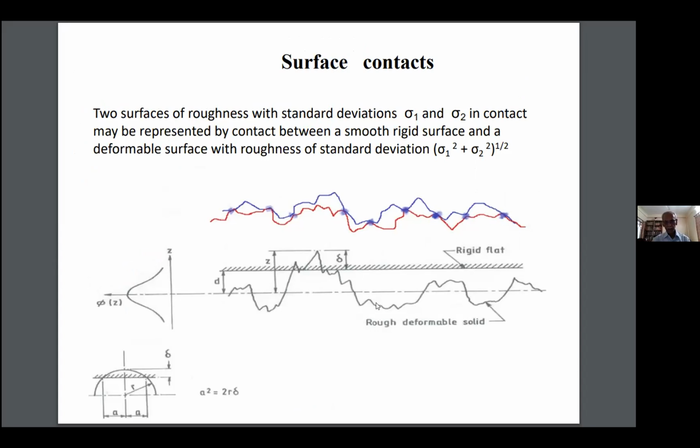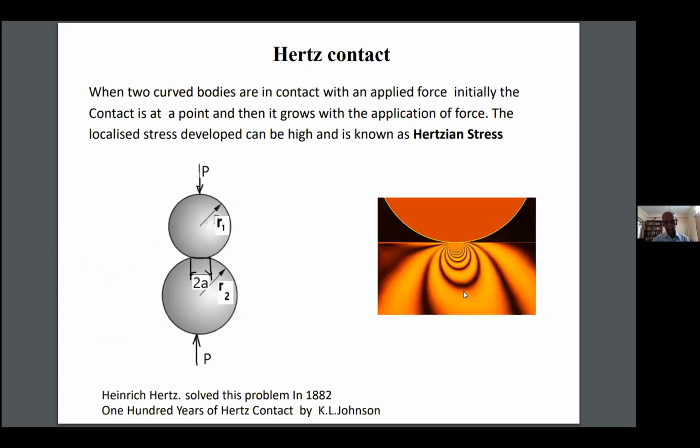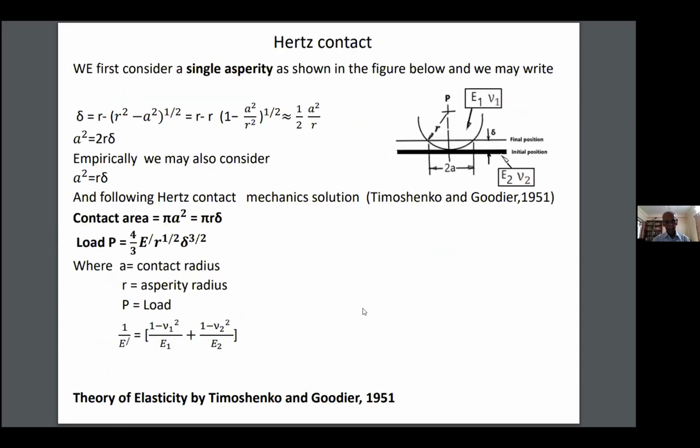Now this deformable surface has a standard deviation of sigma 1 square plus sigma 2 square to the power half, but we also need to know the elastic constants. The elastic constant is given like this: 1 by E dash equal to 1 minus nu 1 square by E1 plus 1 minus nu 2 square by E2.